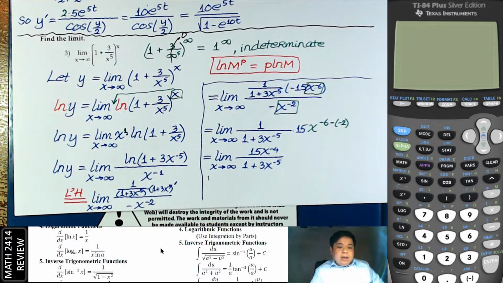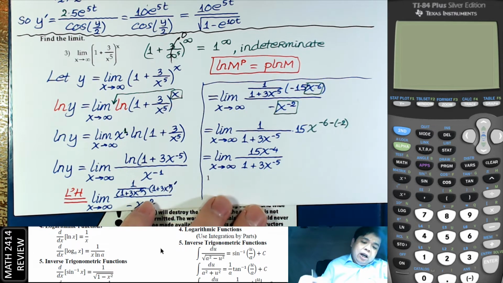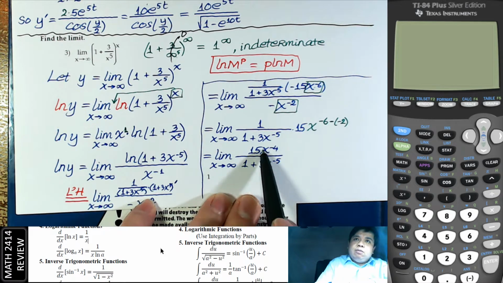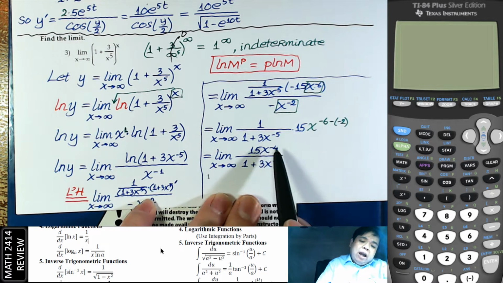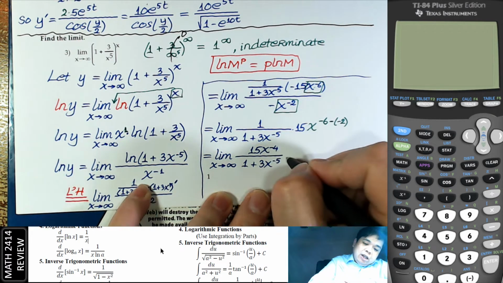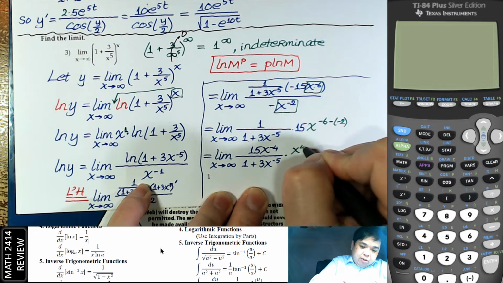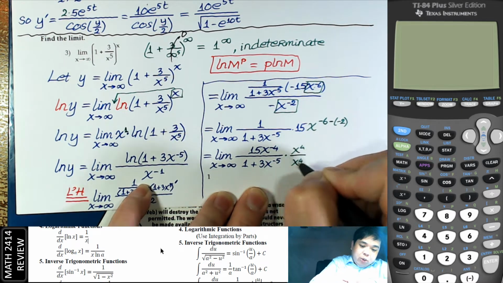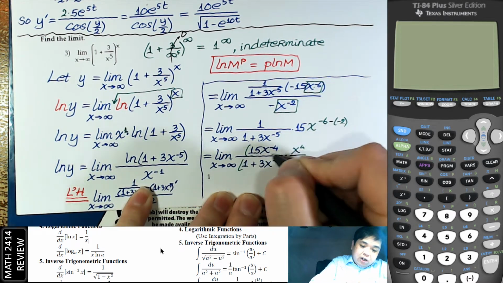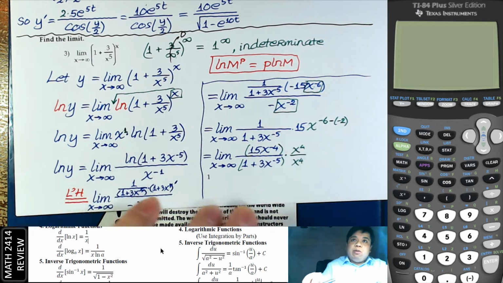Well, now of course we substitute the infinity here, right? But instead of that, what we do here is we try to get rid of the power. If we multiply x to the 4 on top and bottom, the reason we do that is x to the 4 and x to the negative 4 will cancel out.